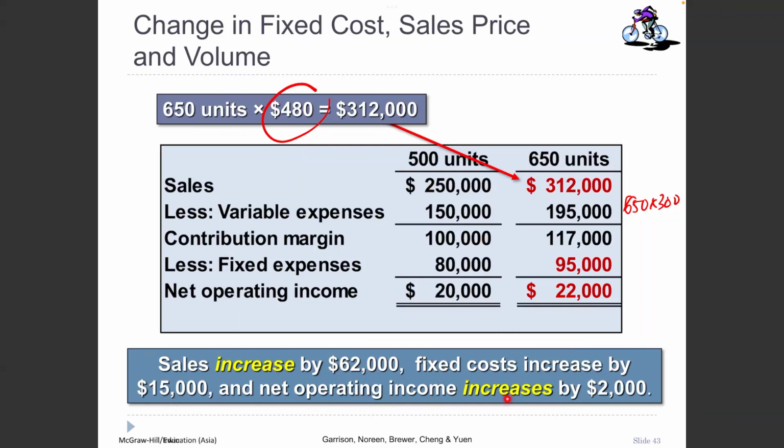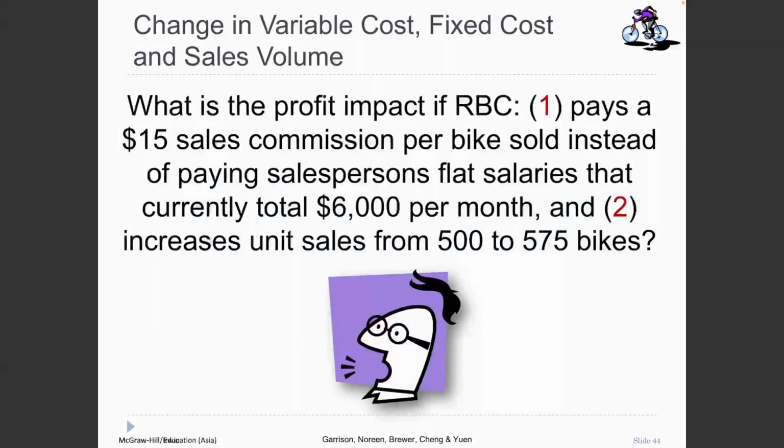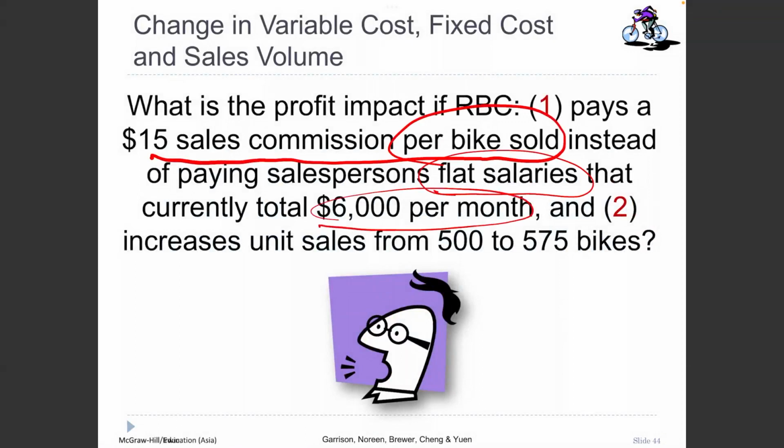Okay, and then the next one is, what is the profit if they pay a 15 sales commission per bike sold, instead of paying salesperson flat salaries that currently total 6,000 per month? So now they are trying to say, why don't we pay sales commission per bike sold rather than paying a fixed monthly salary for the salesperson of 6,000?